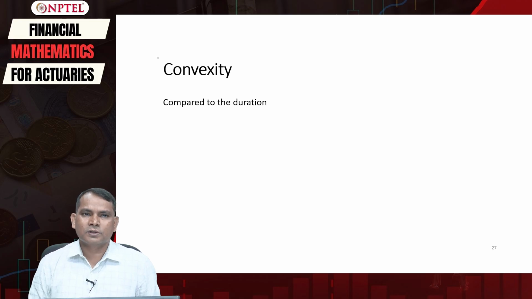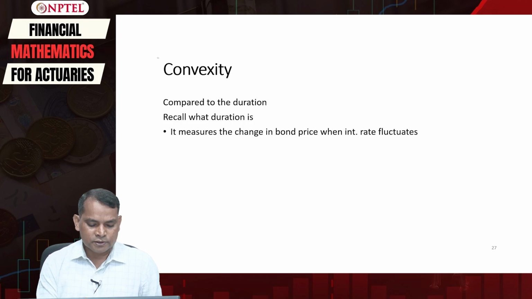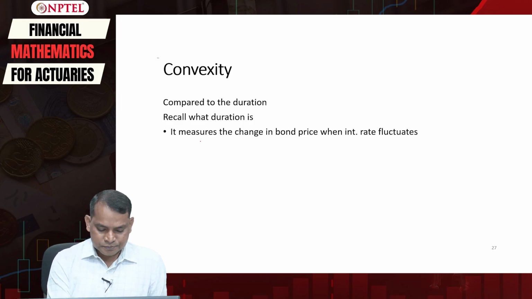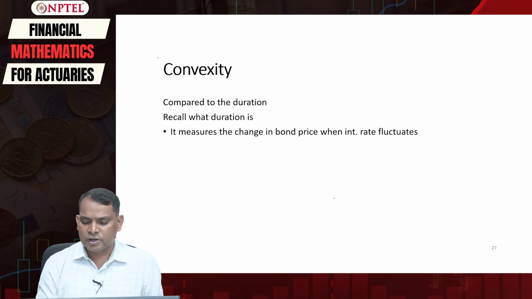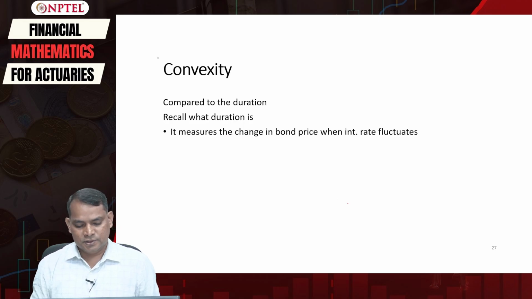So let us now compare this with the duration. What is duration, basically? Recall that duration measures the change in the bond price when interest rates fluctuate. It measures the rate of change in bond price whenever there is a rate of change in interest rate or yield.